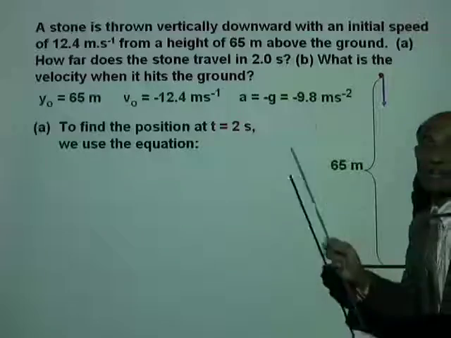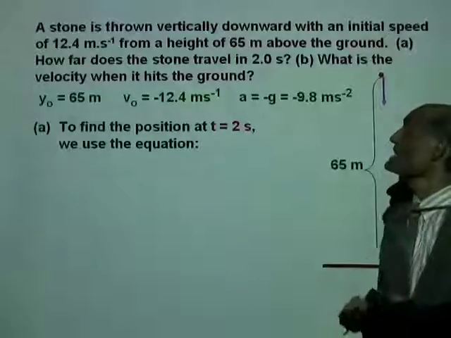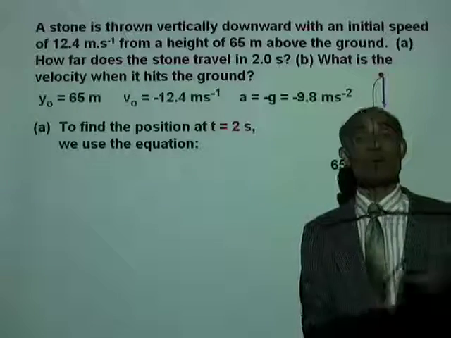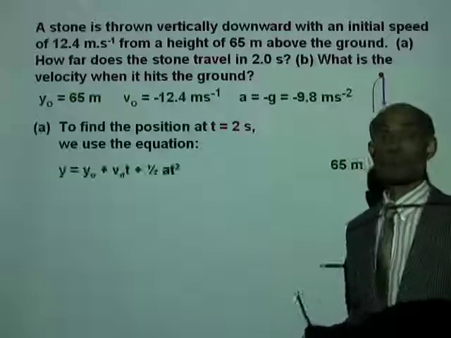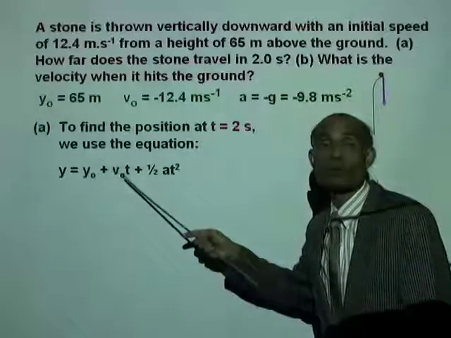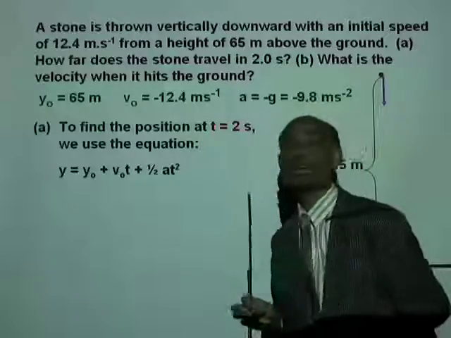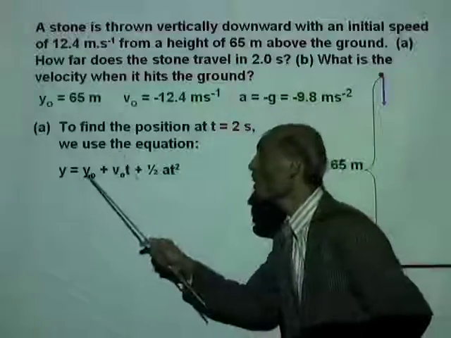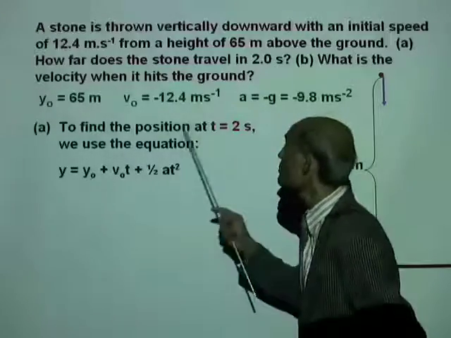And for that, we will first find the position at t equal to 2 seconds. Where is the object at t equal to 2 seconds? We will use this equation: y equal to y0 plus v0t plus 1/2 at squared. Do we know all these quantities? Yes, we know y0.